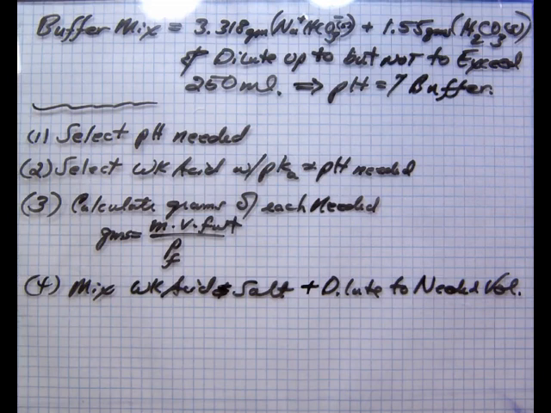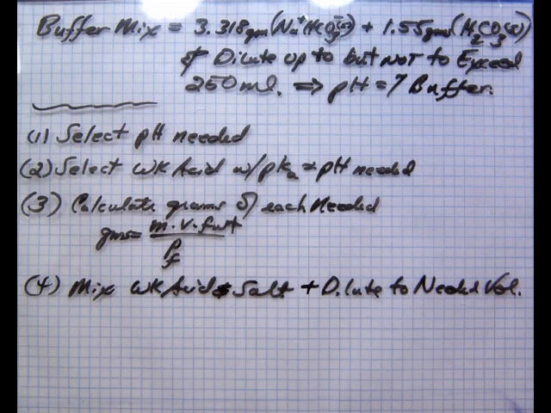This is the shorthand method. Select the pH that you're interested in. Select a weak acid with a pKa close to the pH that you need. Then you apply the solution formula for the grams. Then you mix the solids together and dilute up to your desired volume.